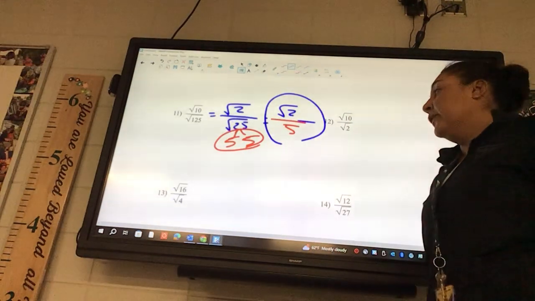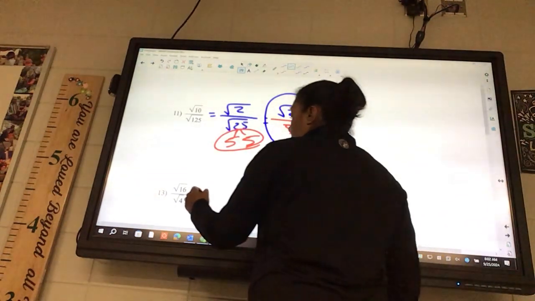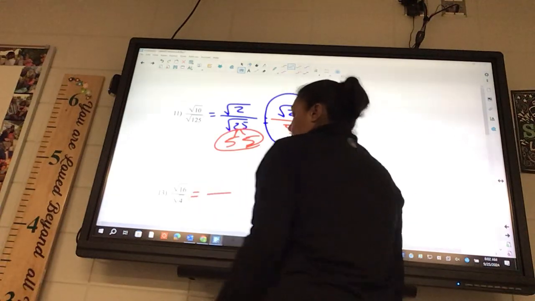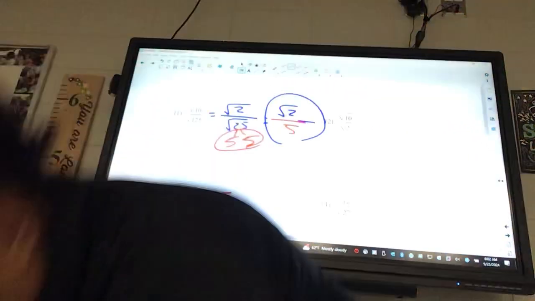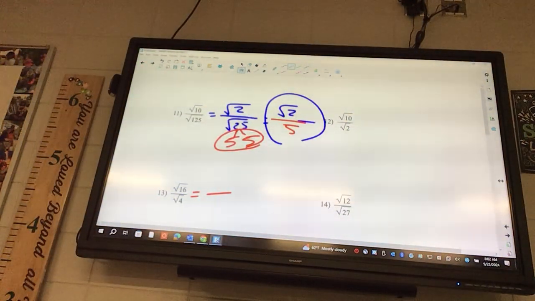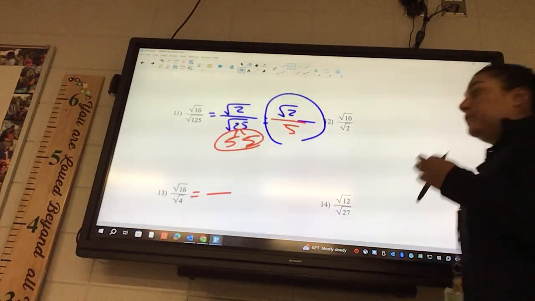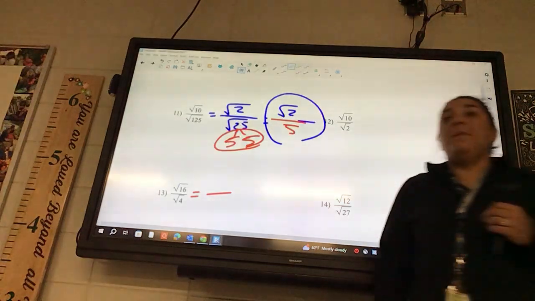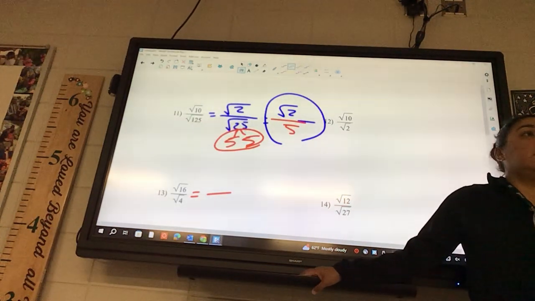Okay, 16 over 4. Okay, so 16 over 4, what do you get? 4. So where does that 4 go? On the top or bottom? What do you think? On the bottom.